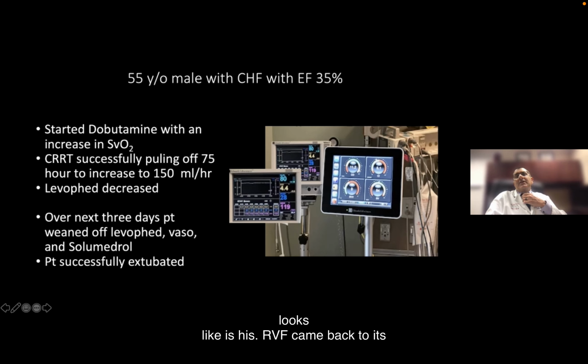His RVEF came back to its original, somewhere around that 35. His cardiac output, if you notice, went up to 4.4. His SvO2 was really nice. And if you look at the numbers over here, everything started looking normal. So we started weaning off the Levophed, got extubated, and he actually left the hospital.